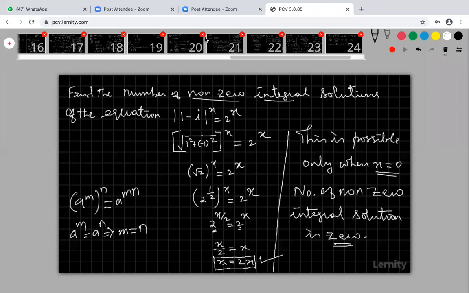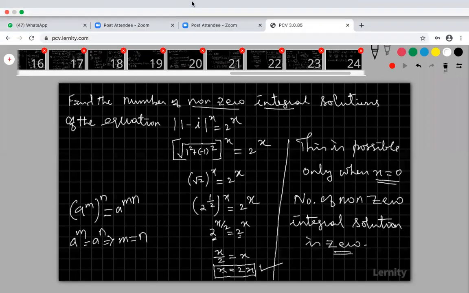It may be possible to open at 10:05 or 10:15, but not possible to open at 10:30, 11, 12, afternoon or evening. So my humble request is please open the test between 10 and 10:30. After that, it won't be open. Please try to understand.